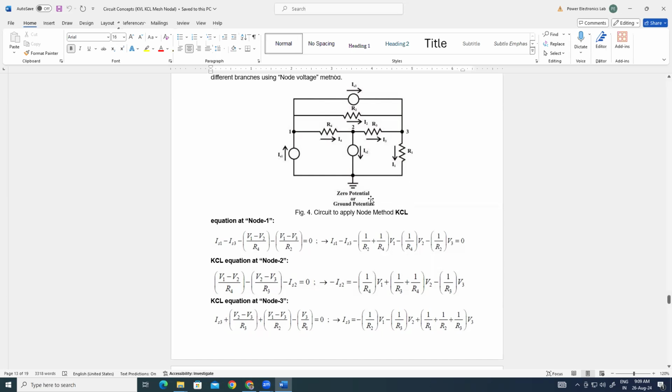So this is the basic procedure of the node method and mesh method. Now there are some special circuits where you cannot apply the simple node method or mesh method.